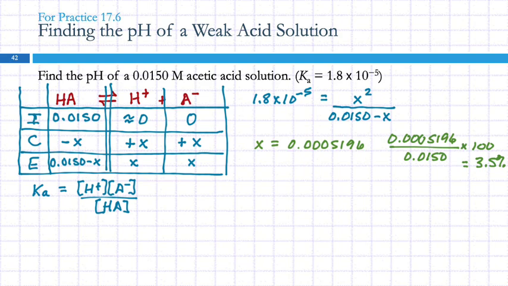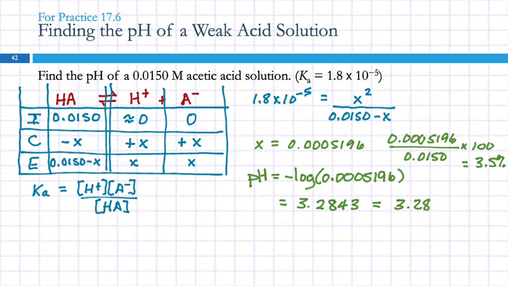Sure we could. So if we use that answer, then the pH is the negative log of that concentration. 3.28.